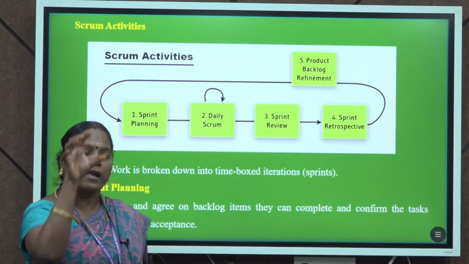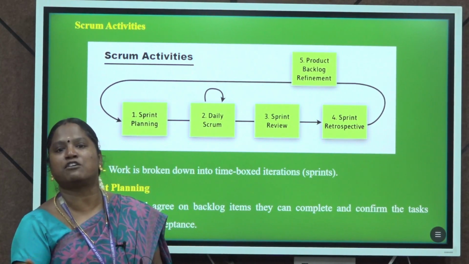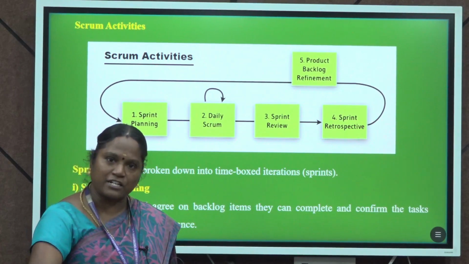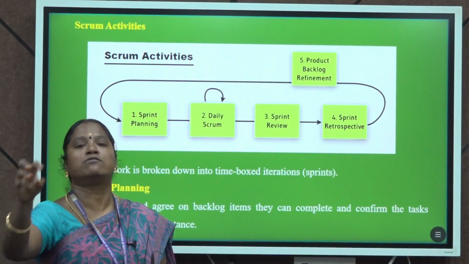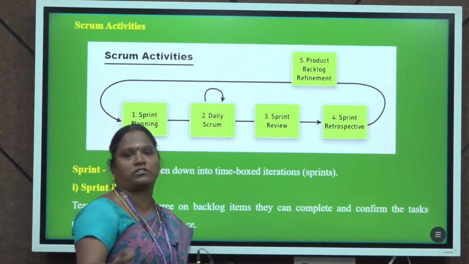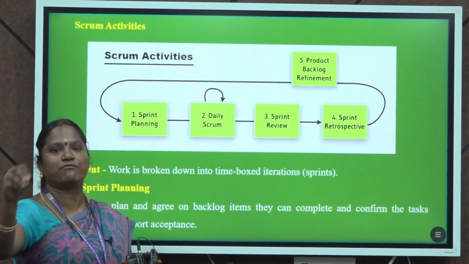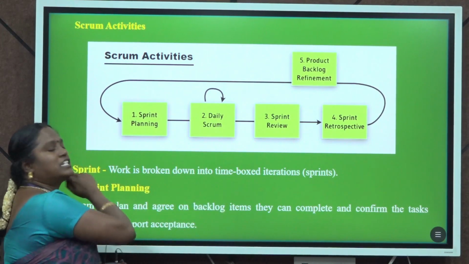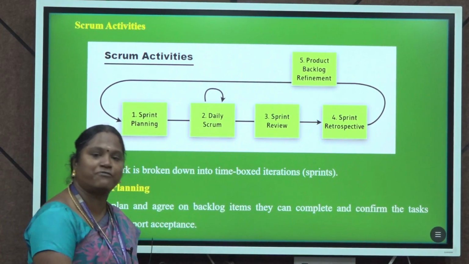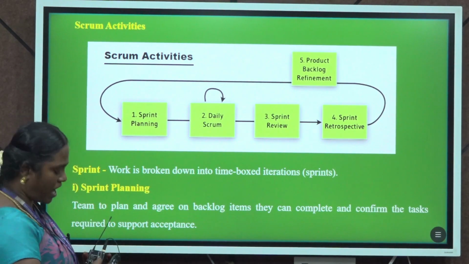For example, developing the template is one sprint, that will be completed within 1 to 4 weeks. Then they need to finalize the list of menus to be included within that template, that will take 2 to 3 weeks. Then the photos, the content, so each and every piece of work is called a sprint. So the team finalizes those features that will be accomplished within the sprint. This is sprint planning.